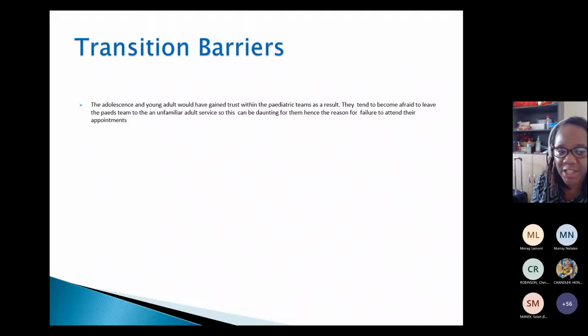And unfortunately, they become quite scared and frightened to come into a service that is unfamiliar to them, and it becomes quite daunting, especially if they've heard negativity. And this, unfortunately, can cause young people or young adults to fail to attend their appointments. Again, as we already know, it can cause severe anxiety.